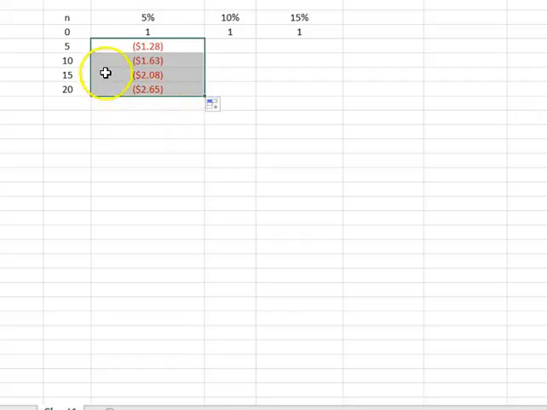If I invest my $1 in a place and on average I get 5% per year, that's not bad. After 20 years, I would have a 165% return on my investment, as you can see here.